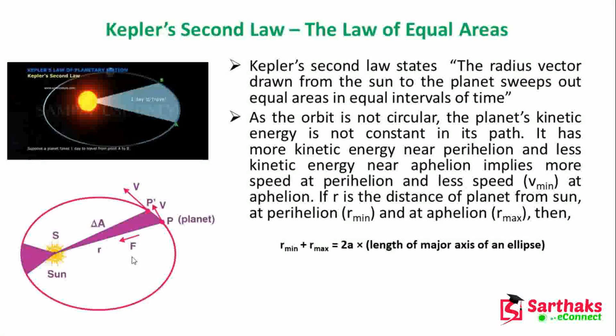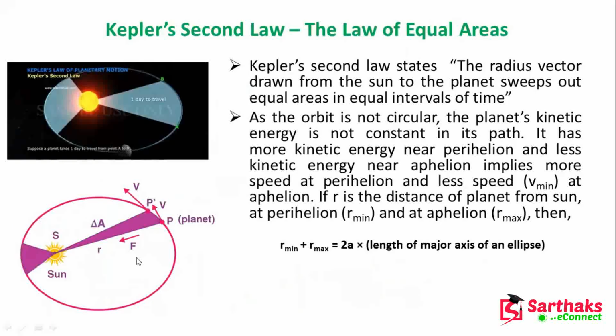Okay. Now Kepler's second law is regarding areas. In this figure you can see that one planet is revolving around the sun, and it makes one area, and it also makes another area. Both the areas will be the same. This has been stated in Kepler's second law.